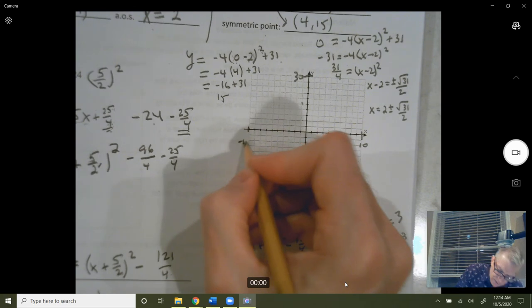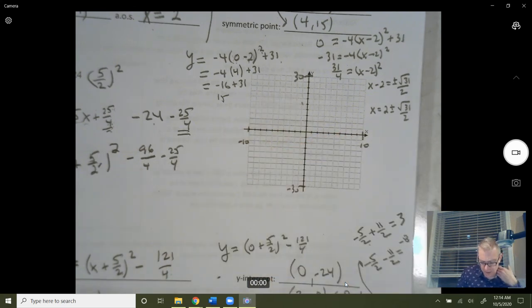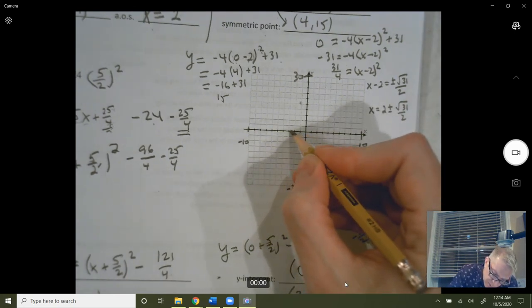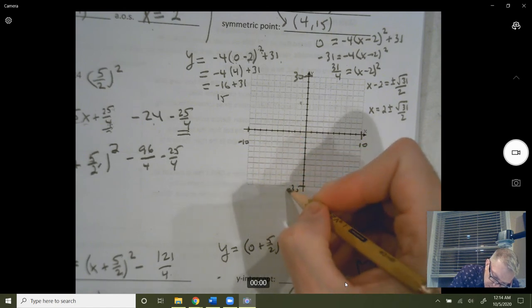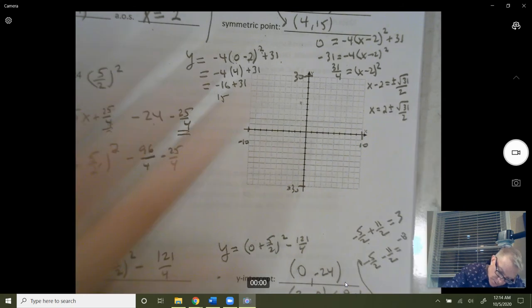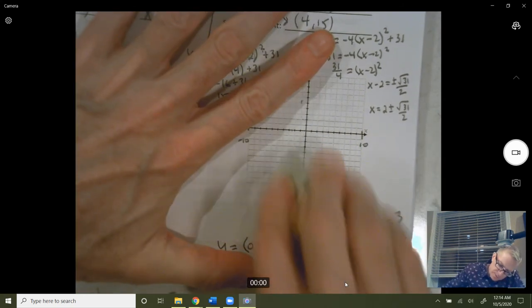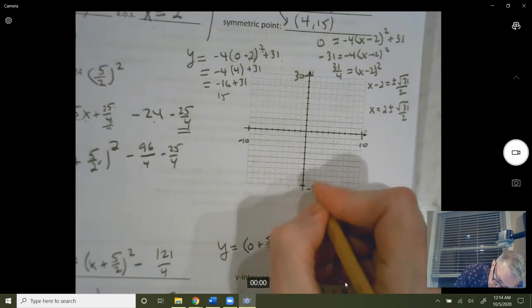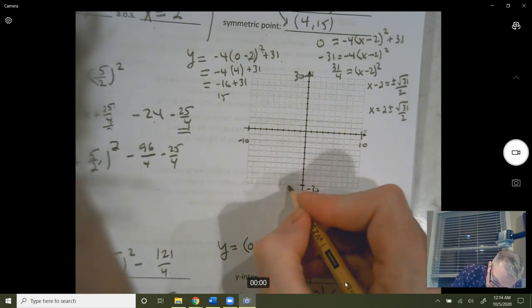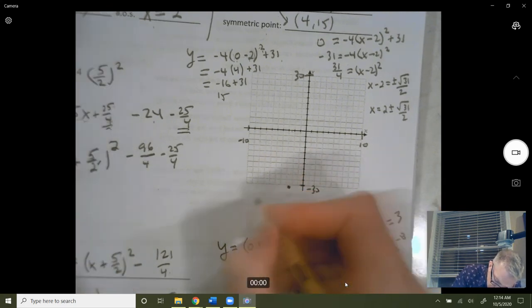It distorts your graph a little bit, but I think we're going to be able to see it best. So negative 2.5, and then negative 30.25. It's going to be right around here, right about where I wrote this minus 30. Negative 2.5, negative 30.25.